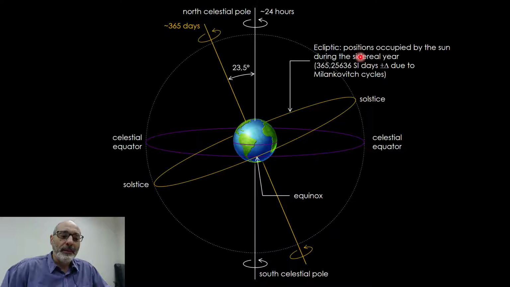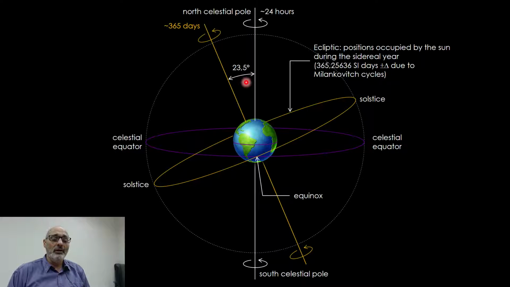As I mentioned, the ecliptic marks the positions occupied by the sun during the sidereal year. That's the duration. Something I want to stress, because it's also related to climatic changes, as I mentioned in my first class, is the Milankovitch cycles. These cycles, which I'm going to show you in a while, are related to the variation of this angle and several other variations.